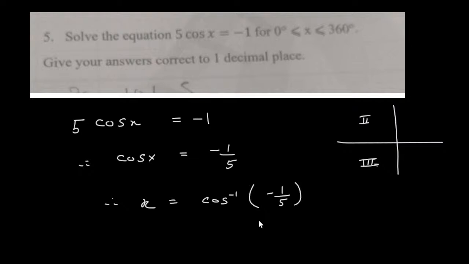Cos inverse of minus 1 divided by 5 gives the angle as 101.537 degrees.